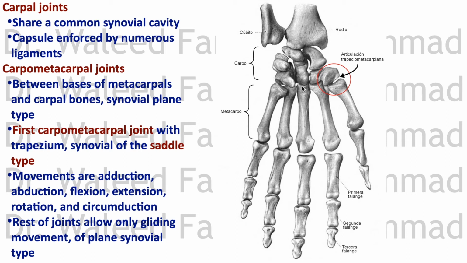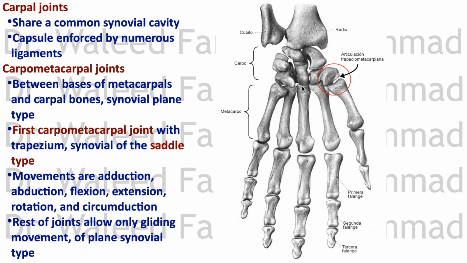Extension, you bring it away from the palm in the same plane. Flexion, you bring the thumb to the sides of the fingers. Opposition, you make contact between the pad of fat of your thumb with the pads of the other fingers. This is opposition. And circumduction is the sum of all these movements.